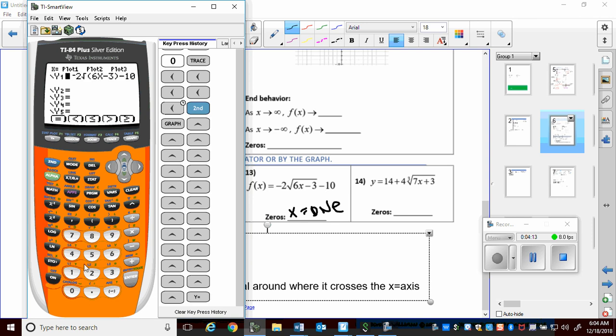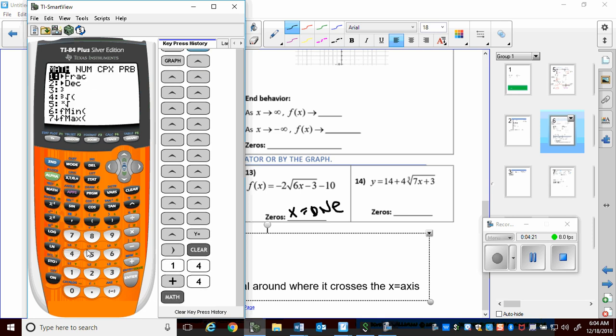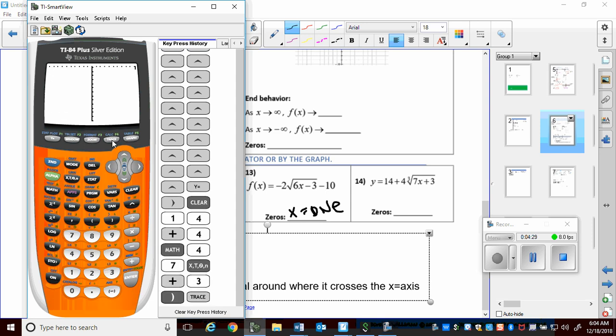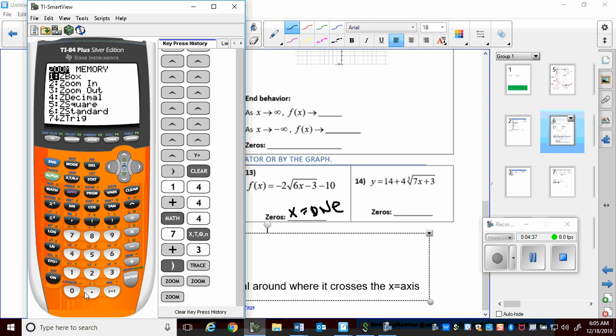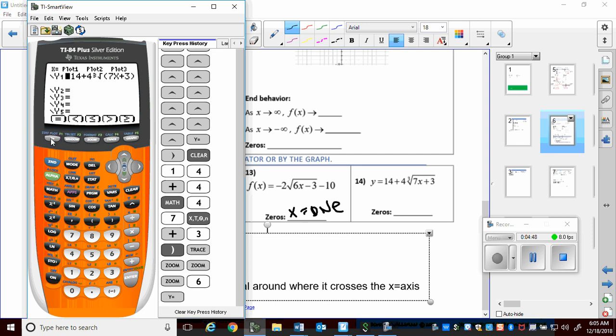So I'm just going to go ahead and do it, and go to the right arrow, clear, 14 plus 4, math, number 4, for the cube root function, 7x plus 3, close parentheses, press trace so I can see if I can see it, and I cannot, so I'm going to press zoom 6 and try that, and there's my curve. Let's make sure I put that in correctly. 14 plus 4 cube root of 7x plus 3, yeah.